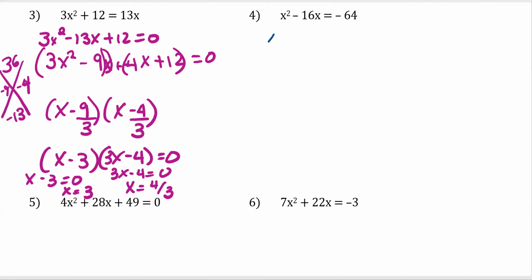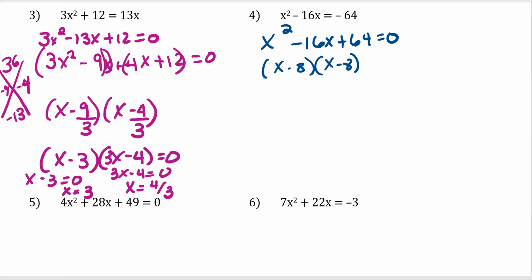Number 4. We must put it in standard form by adding 64 to both sides. We need the factors of 64 that add to negative 16. And set each of your factors equal to 0.